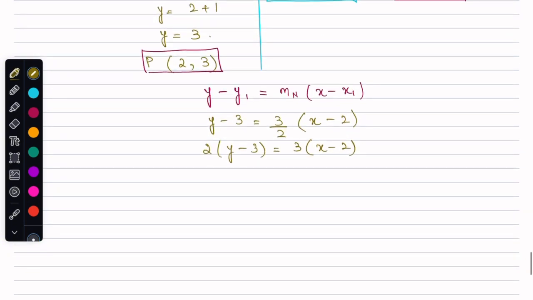Further I can solve it as 2y minus 6 equals 3x minus 6 here. The negative 6 gets cancelled and I'll be left with 2y equals 3x. So this is going to be y equals 3 by 2 x. This is going to be the equation of the normal.